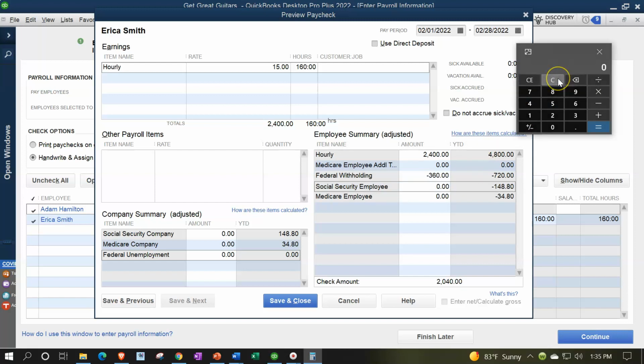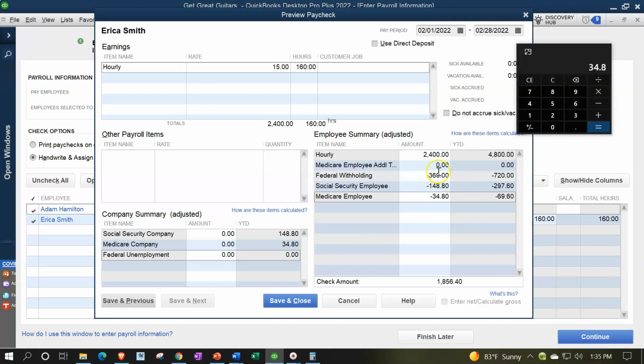And then I'm going to say that we have the 2400 times the 0.062. We're going to say that the Social Security is 148.80. And then the Medicare, I'm going to say, is the 2400 times 0.0145, which is going to be 34.80.